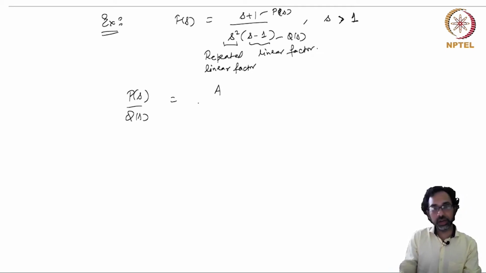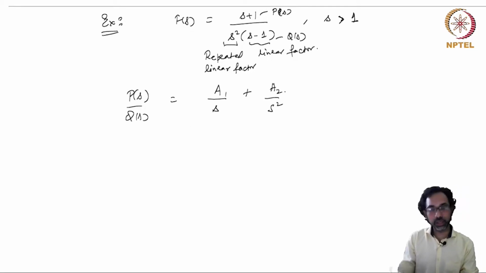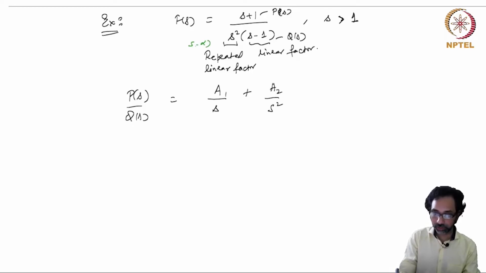So for each repeated linear factor you have an expression of the form a1 over s plus a2 over s squared. So you have to continue until the highest power appearing in the repeated linear factor in the denominator. For example, with s minus some constant alpha, you would have a1 over (s minus alpha) and a2 over (s minus alpha) squared.